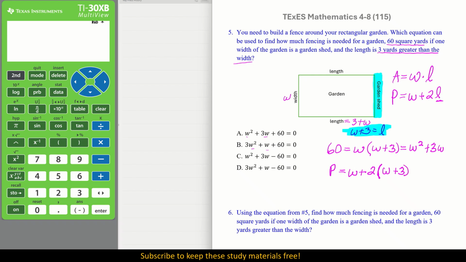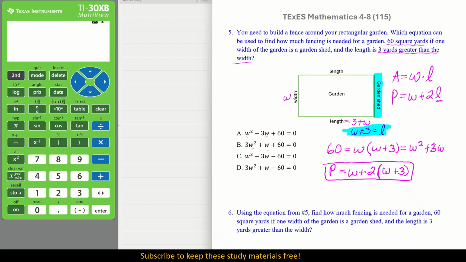Let's take a look at that. What are we really looking at? If we look at both of these, we need to not look at perimeter, because I think that will come later.